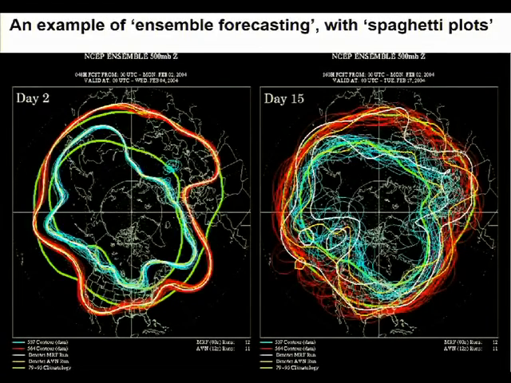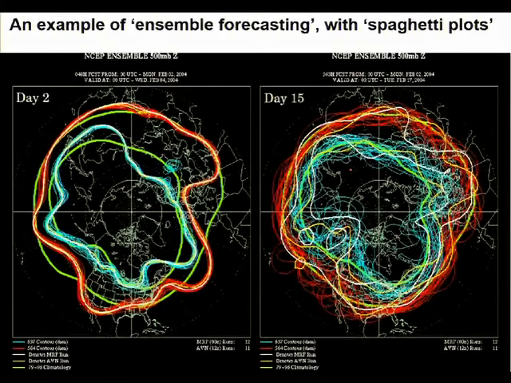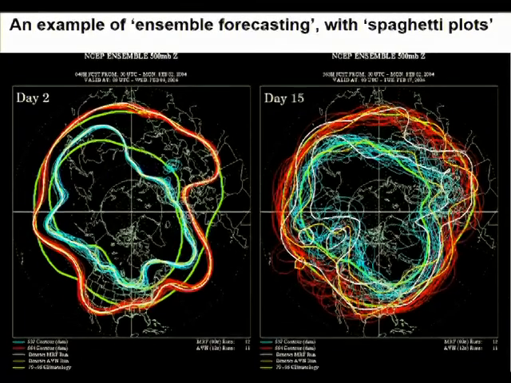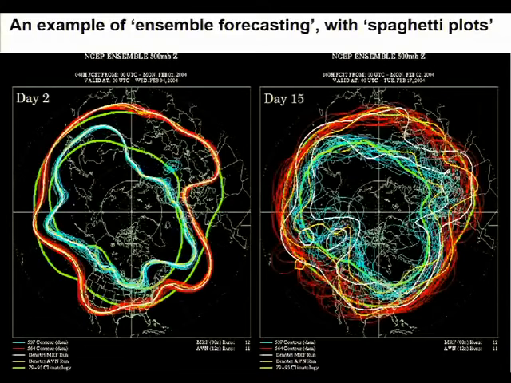But now when we start talking about day 15, which is how far out forecasts do go, we've got things going all over the place. We've still got our climatological mean here, which is not going to change, and our white line is still our mean. But these blue lines are going all over the place. So after a certain number of days, it diverges so much that any one forecast can be completely different.